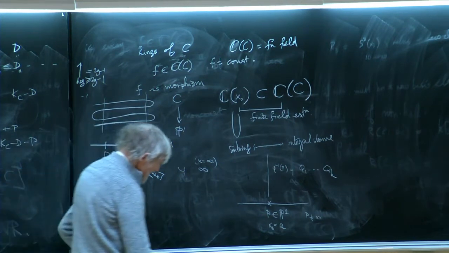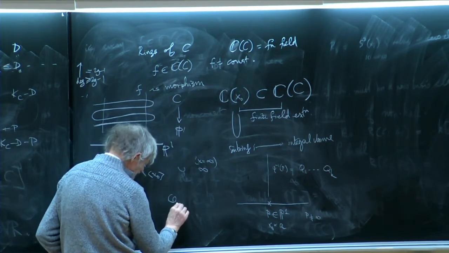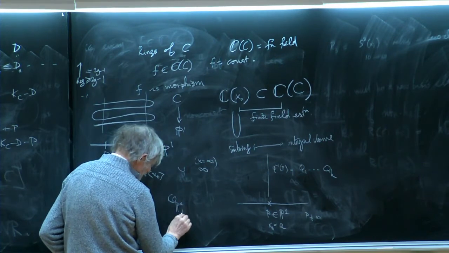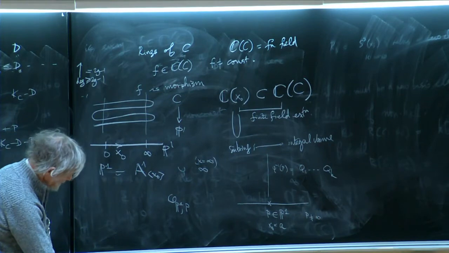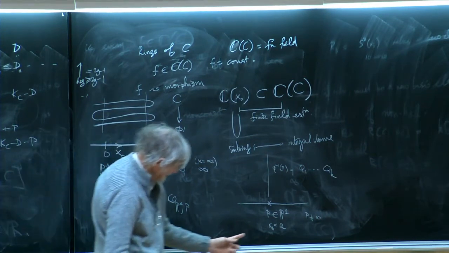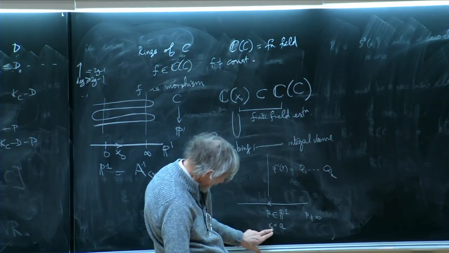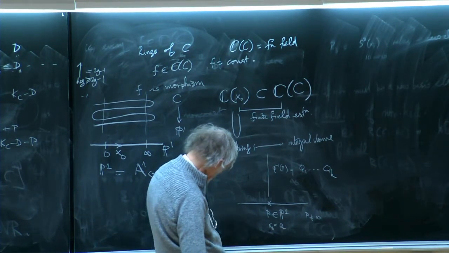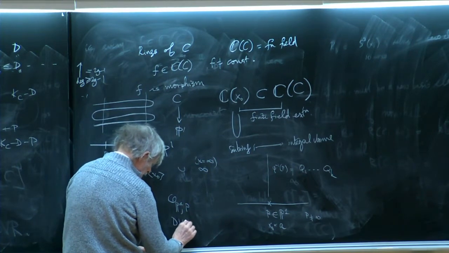Yes? So I write O P1 of this point P. So this is a discrete valuation ring. You can think of it just as the localization of the polynomial ring in X naught at the point X equals A. Right?